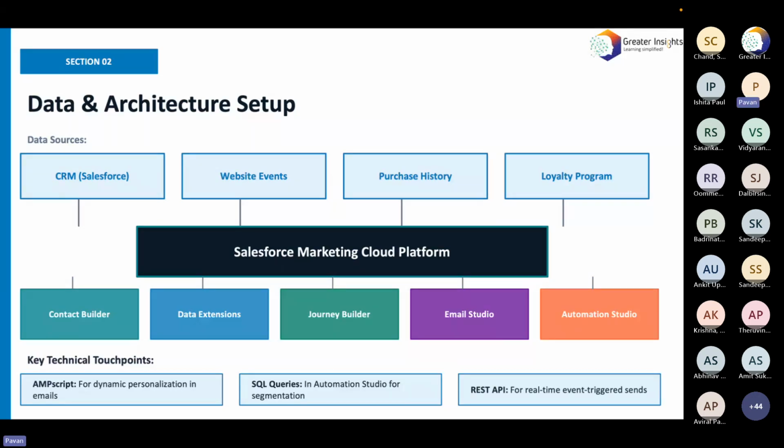Now you as a business will have the power to control it. When I say this, it means that you can send what you want to send to Pawan and when you want to send it. This level of detailing can be done in Journey Builder.